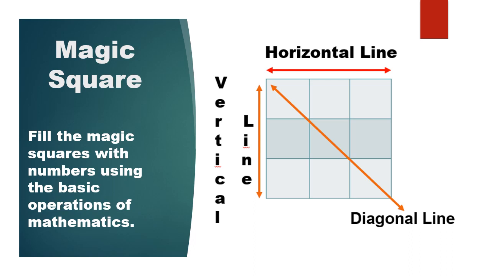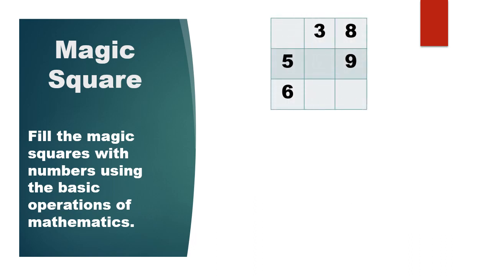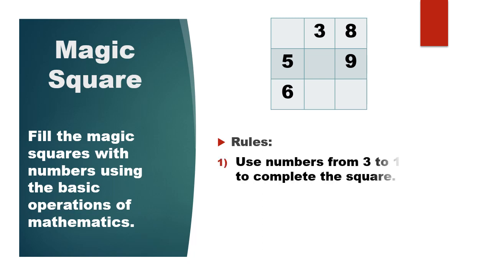Now, just see here, one magic square is there. What do we have to do? First, we will go through the rules for completing this magic square. So, what are these rules? First, use numbers from 3 to 11 to complete the square.